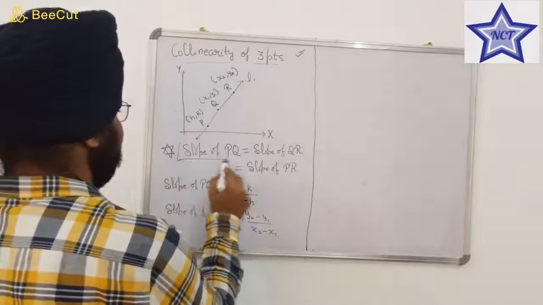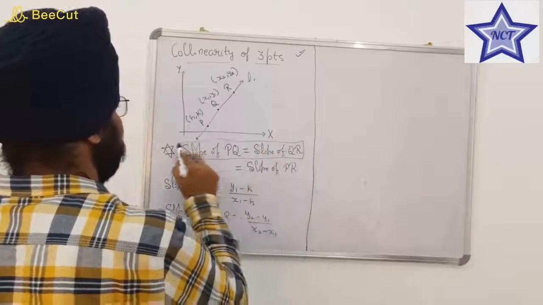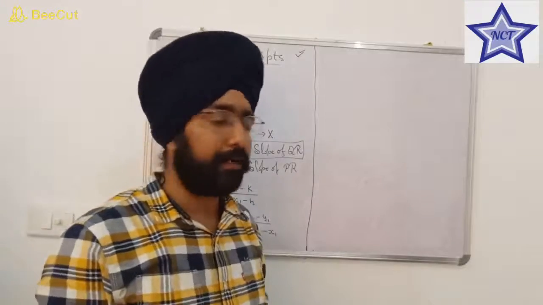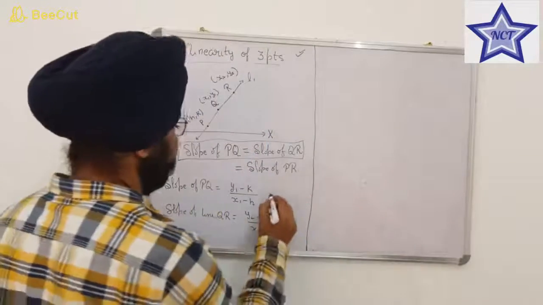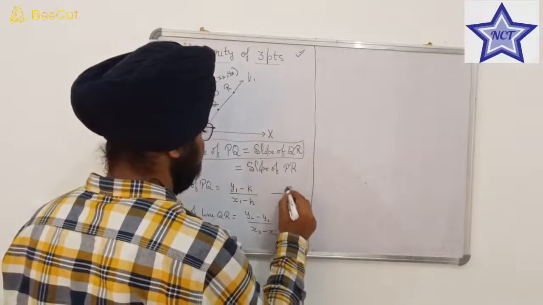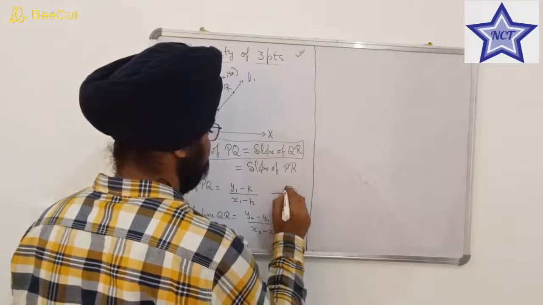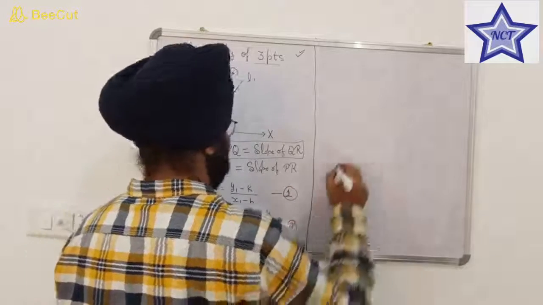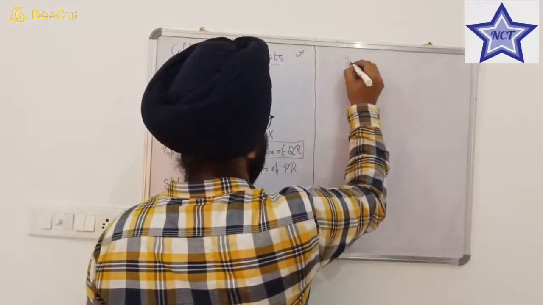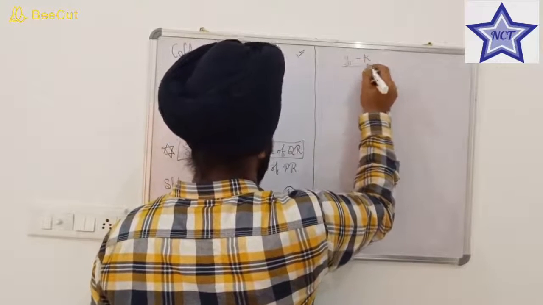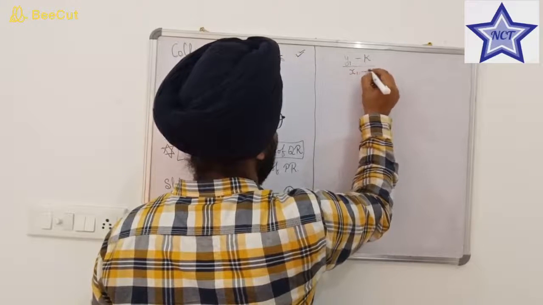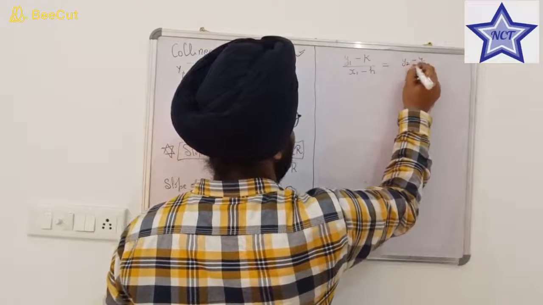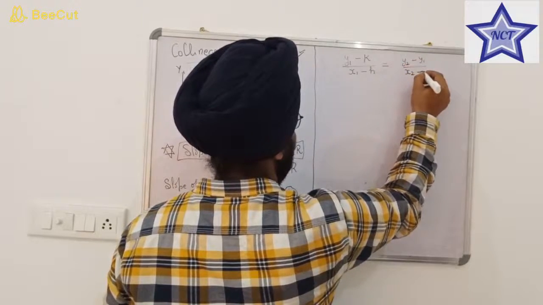Necessary condition, taking the first 2 at a time: the slope of line PQ must be equal to the slope of line QR. Comparing equation 1 and equation 2, I can write (y1 minus k) upon (x1 minus h) equals (y2 minus y1) upon (x2 minus x1).